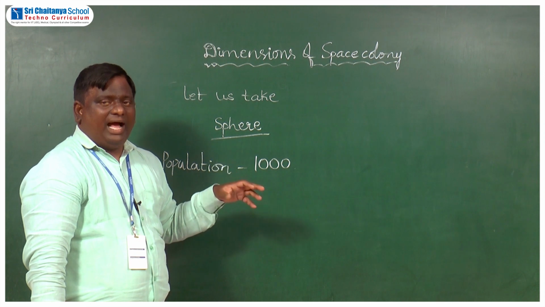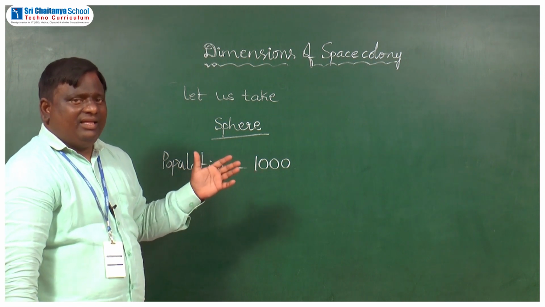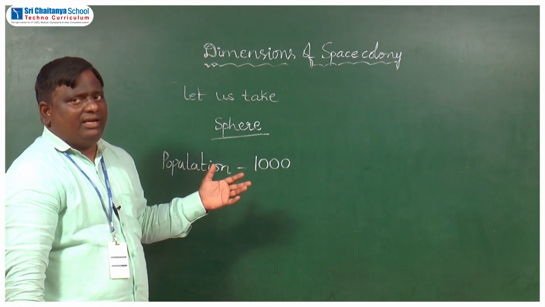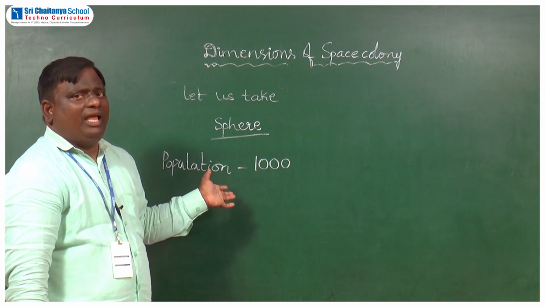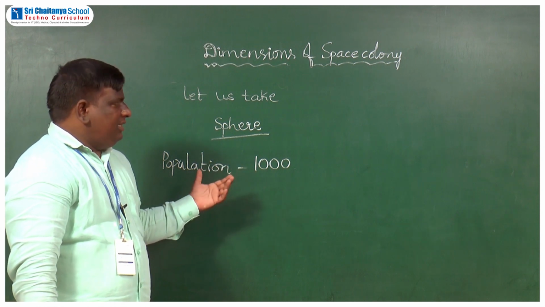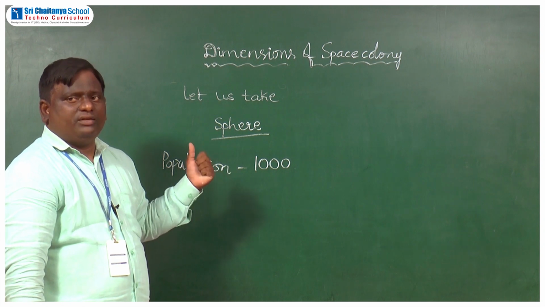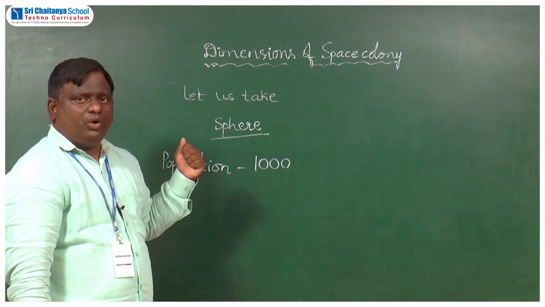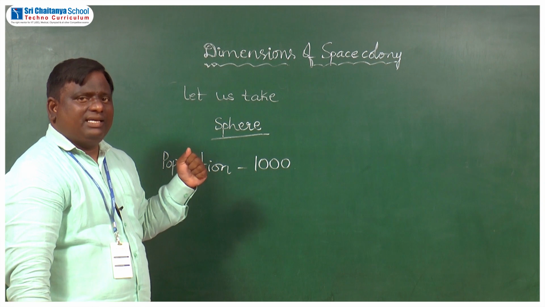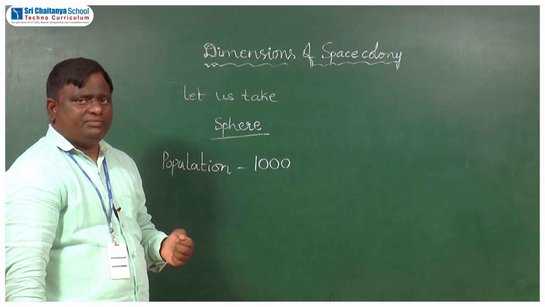How? As I said previously, the general requirements are there. Based on that only, we are able to calculate the requirements for 1,000 population. Okay? Let us see how we are calculating.